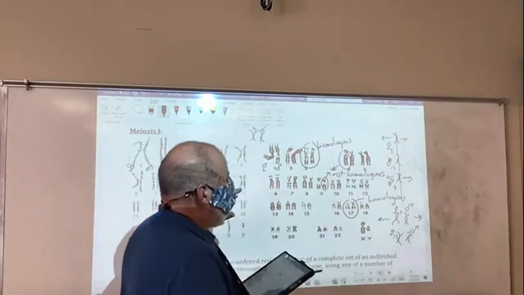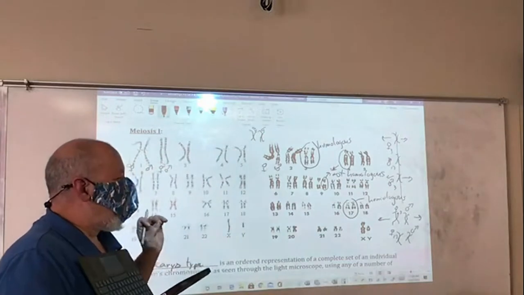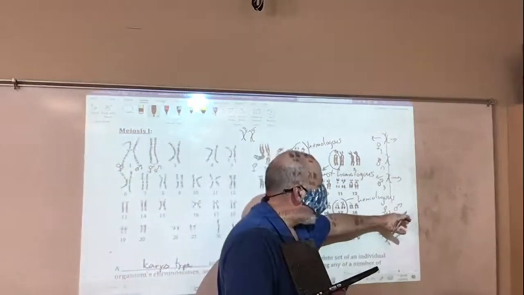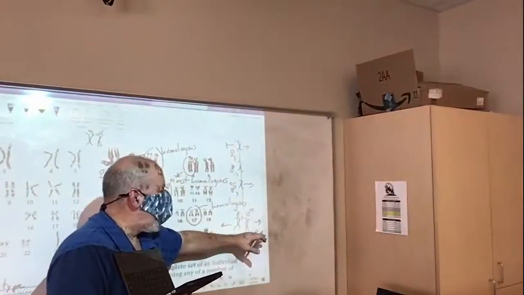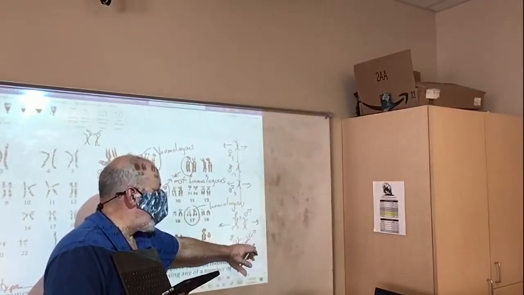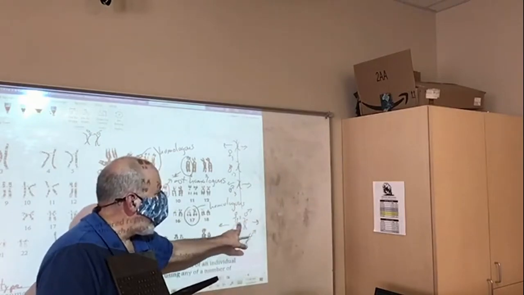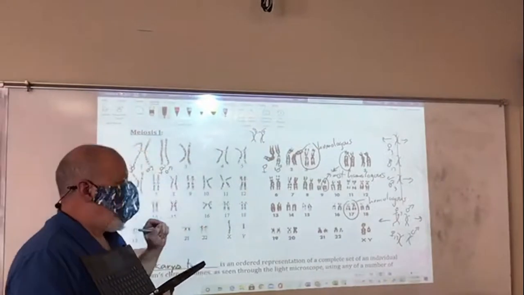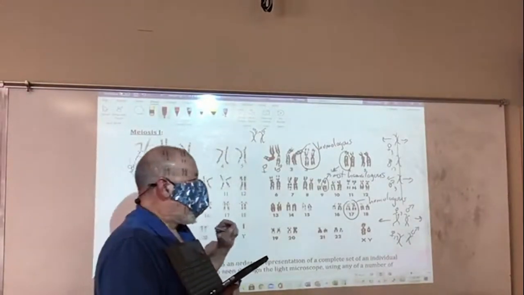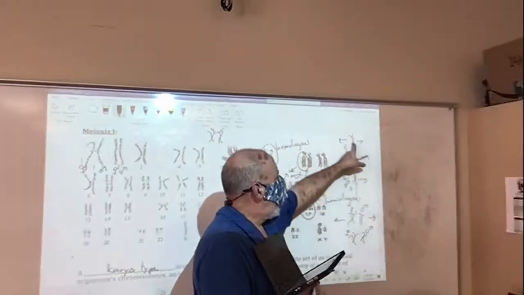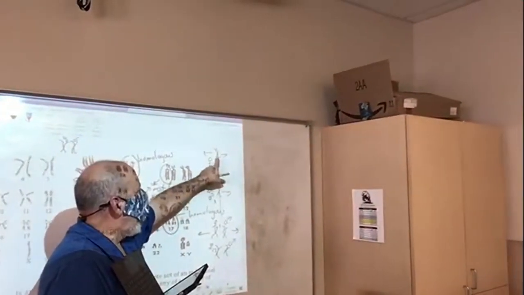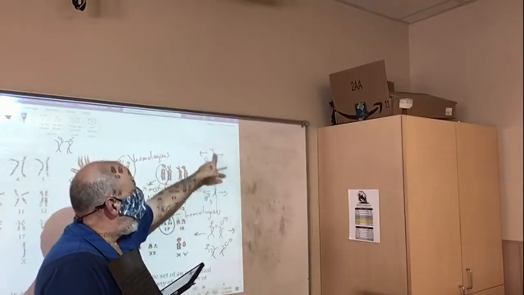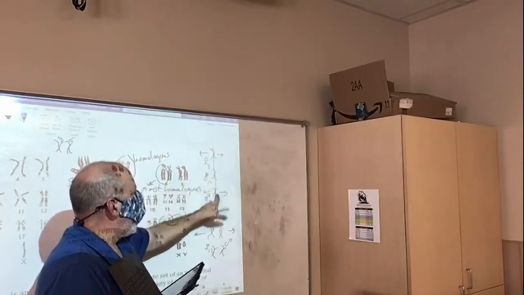Okay? So, the whole reason we want the term homologous is because it describes what happens in the first meiotic division. Homologous pairs of chromosomes line up on the metaphase plate in metaphase 1, whereas in simple mitosis, all of the individual duplicated chromosomes line up.